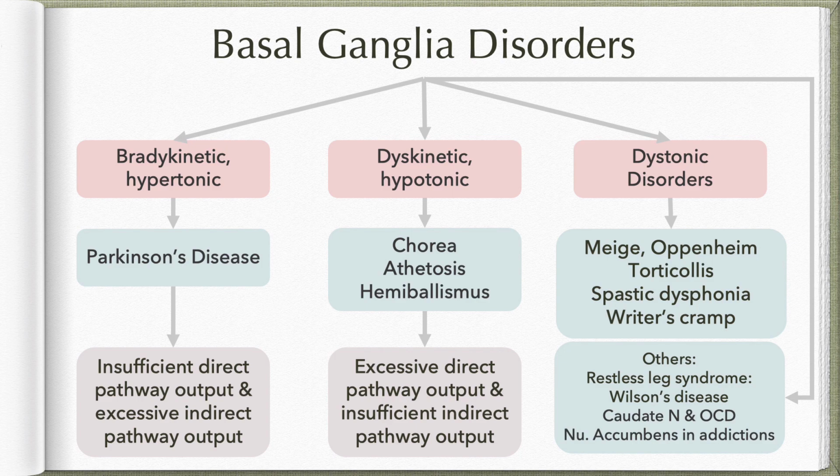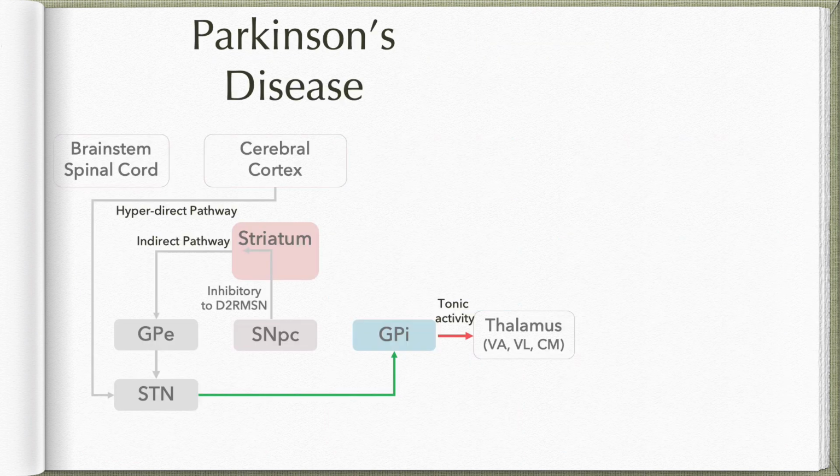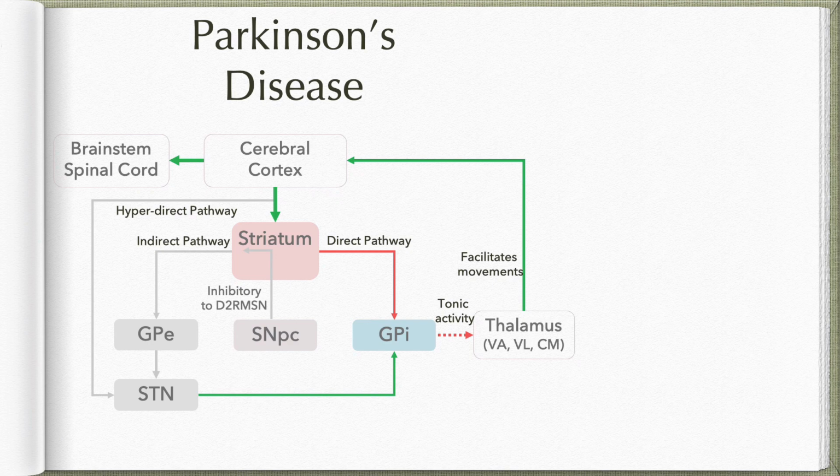Let us, in this particular session, let us know a little bit more about Parkinson's disease. In case of a normal person, when the cerebral cortex sends its output to the striatum, striatum sends inhibitory output through direct pathway to globus pallidus internum, which will disinhibit the thalamus, which will send excitatory output to the cerebral cortex, which facilitates movements, which will be conveyed to brainstem and spinal cord through corticospinal or corticonuclear outputs.